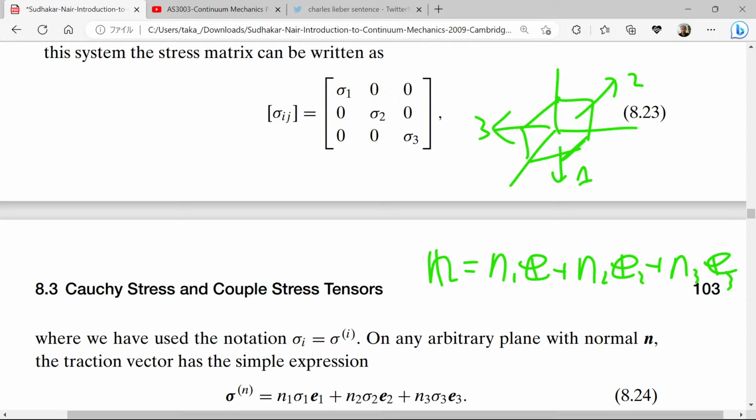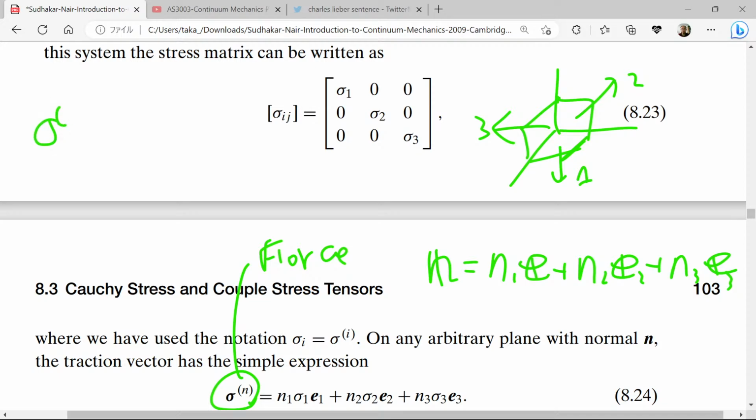Then sigma, this sigma is more like force. Do you remember?